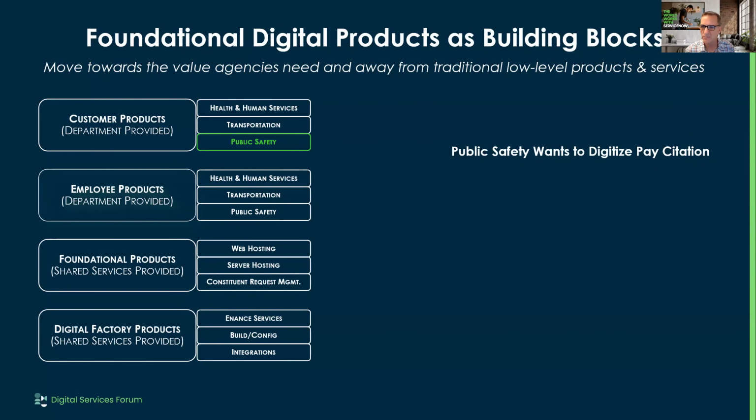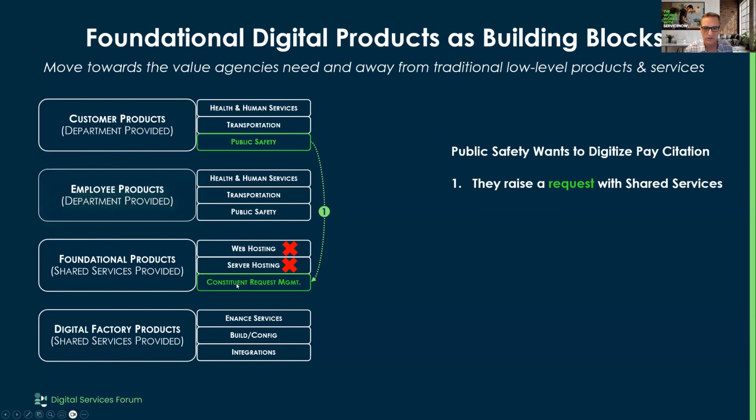So they go to the shared service area, and typically shared service says, okay, I can get you all the virtual machines you need, your IP addresses, your DNS entries. Shared service organizations are really moving away from that, because that low-level stuff is far away from the value they're looking to get. What they want to do is manage a constituent request to pay a public safety citation.